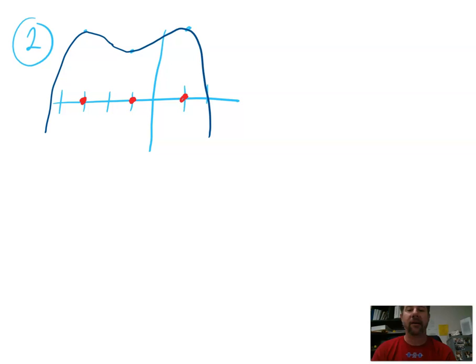Once I'm going from there, now the rest is kind of guessing and checking-ish. This again has a large positive slope.